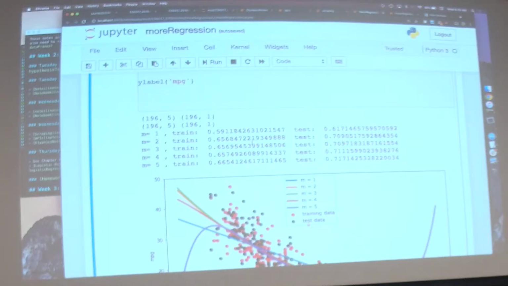But the idea there is that you take, let's say k is 5. What you do is you would split your data into 5 pieces, and you would run your analysis 5 times, and each time you would use a different 20% as your training data.